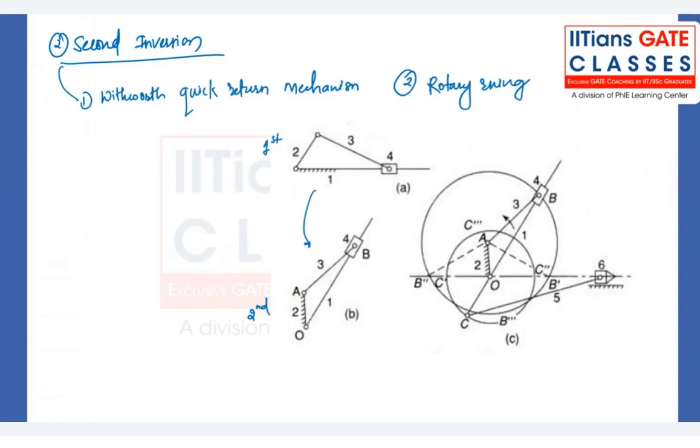In that case, the tool should not waste time and should return quickly. That's why the name itself indicates it's a quick return mechanism. So the cutting stroke is a little bit longer than the return stroke. The return stroke is quick because we are not cutting the material during that stroke, but in the forward stroke, the cutting stroke, we are.